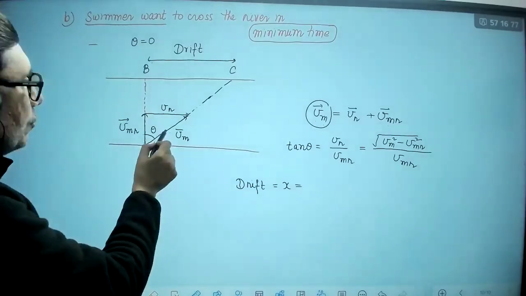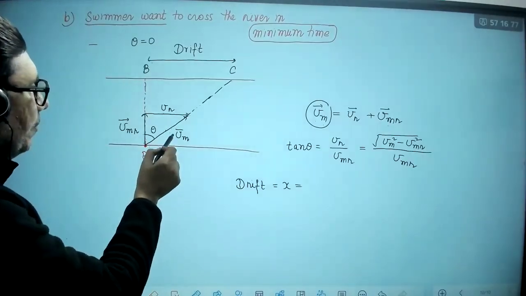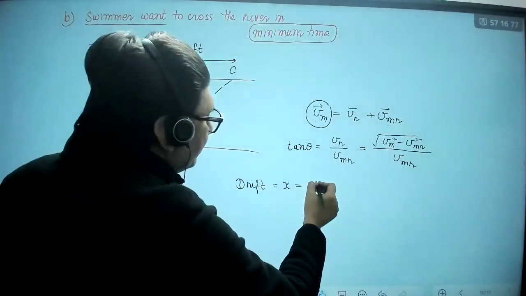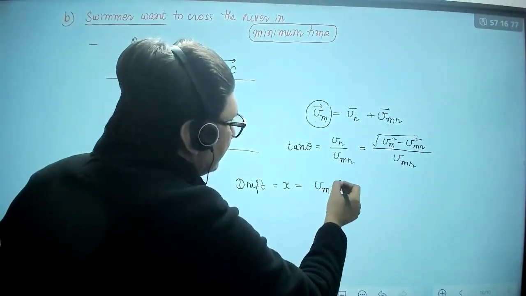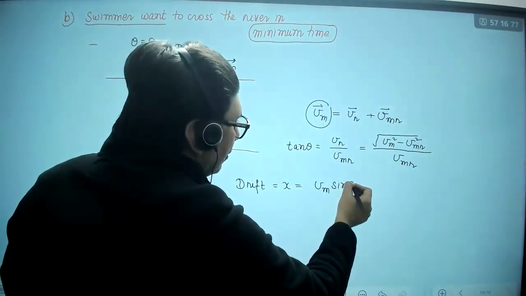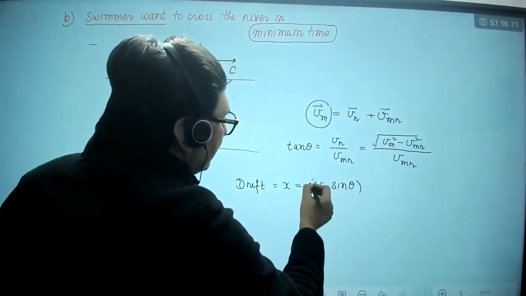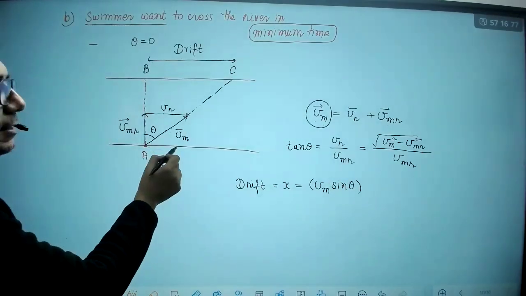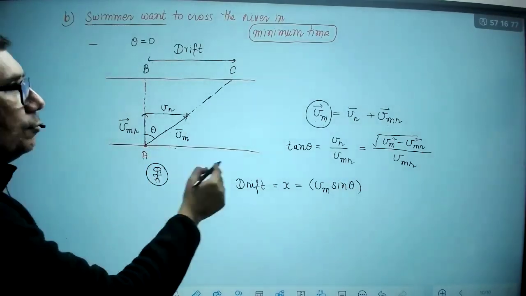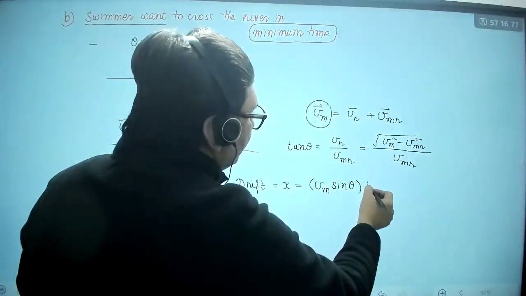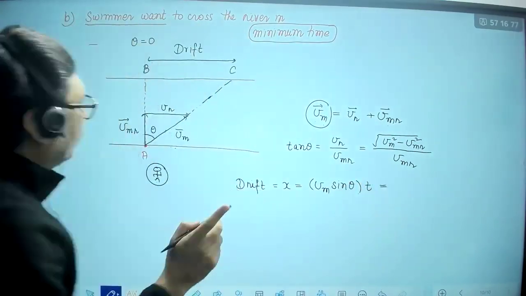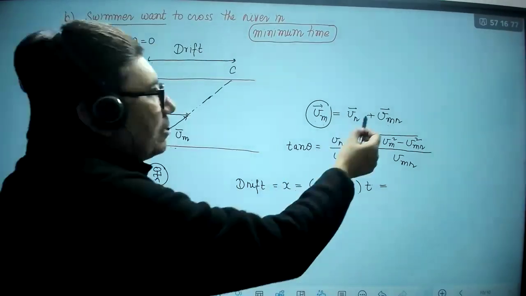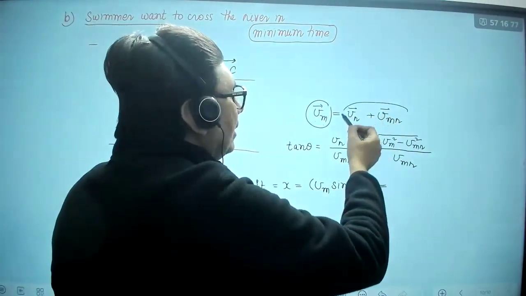So the x component will be Vm sine theta, in this direction, into time t.